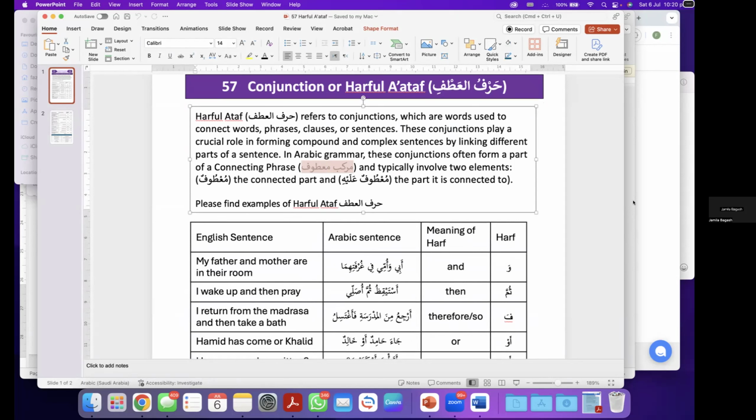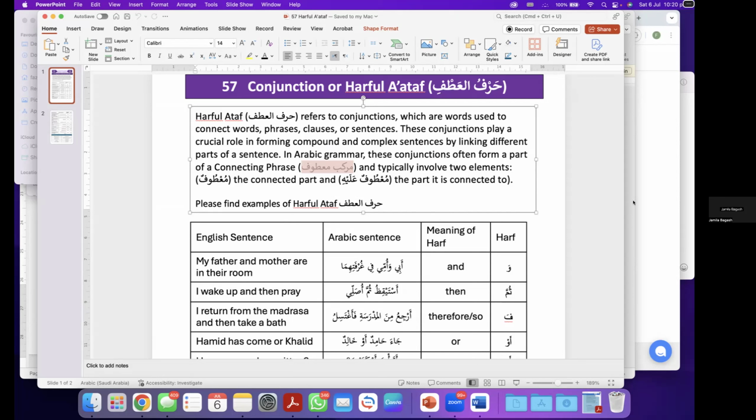So we are talking about murakkab ma'tuf, all the connecting phrases, all the harf that can connect different parts of a sentence. That is what this lesson was about.